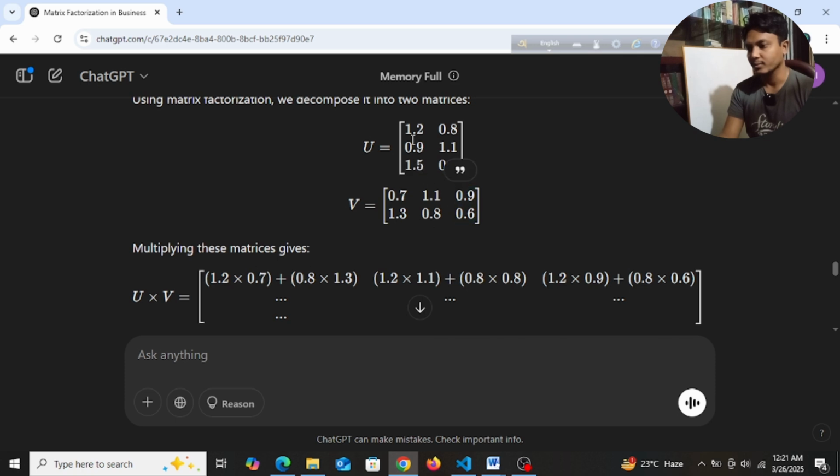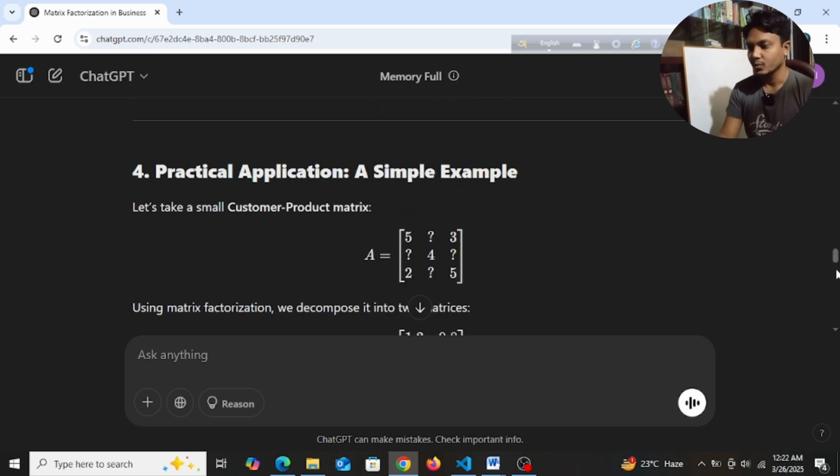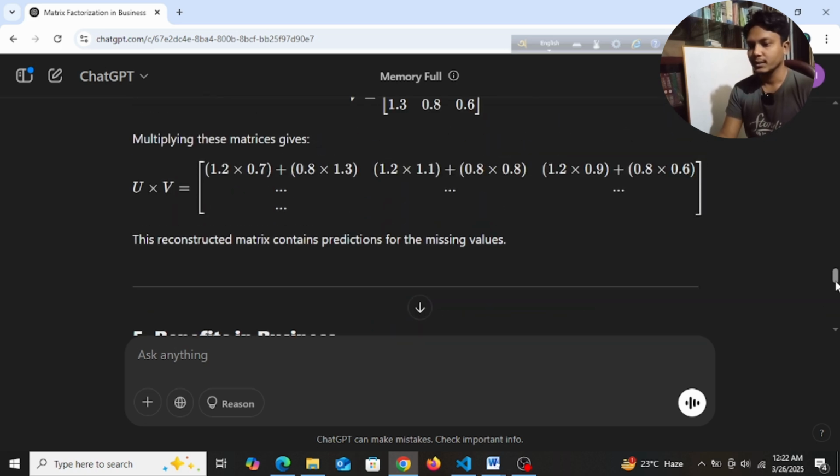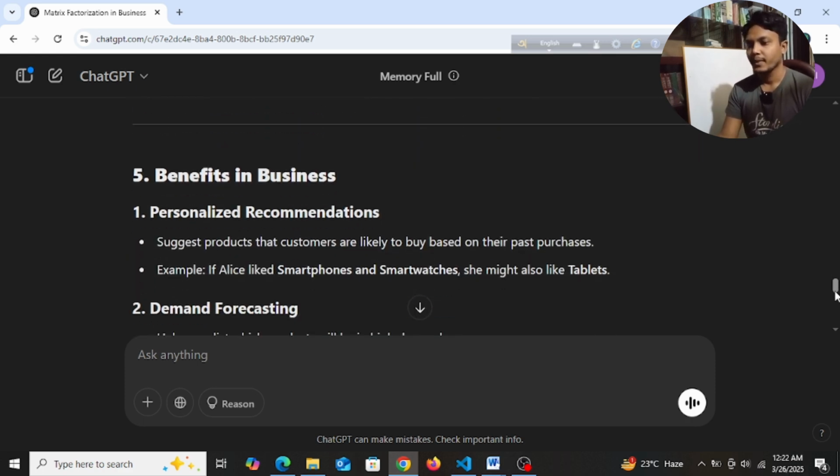Then 1.2 would be again 0.9, and 0.8 would be multiplied with 0.6. There will be two more rows like this, right? So this reconstructed matrix contains predictions for the missing values.